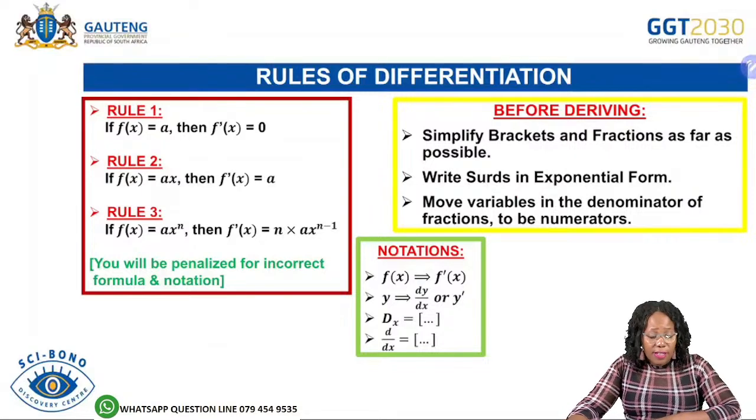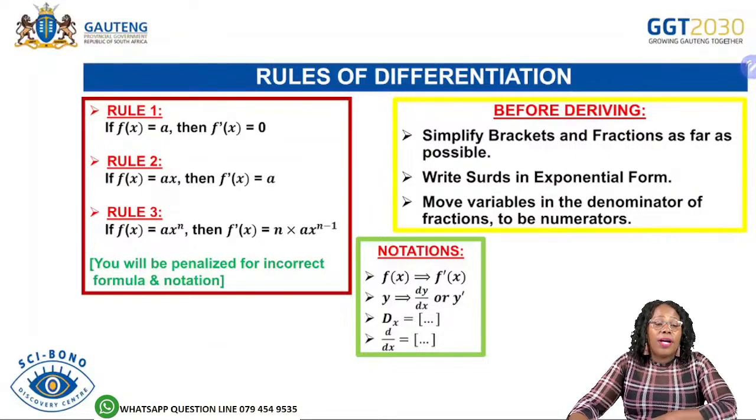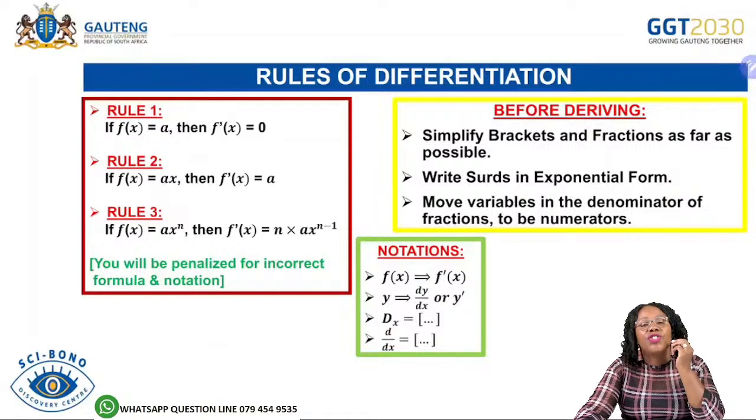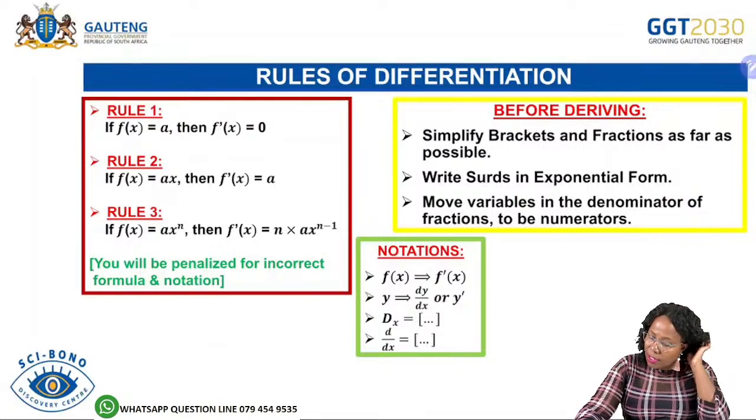Right. And then this brings us to the end of the first principle. And then now we move to the second part of differentiating. Remember previously we were differentiating using the first principle, which is the formula f derivative of x is equal to the limit of h approaching 0, f at x plus h minus f at x over h.